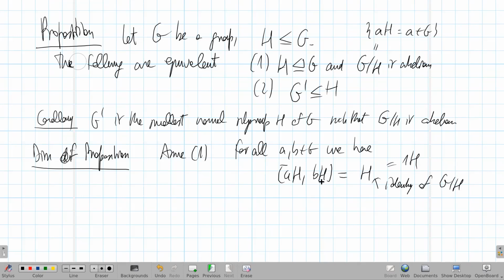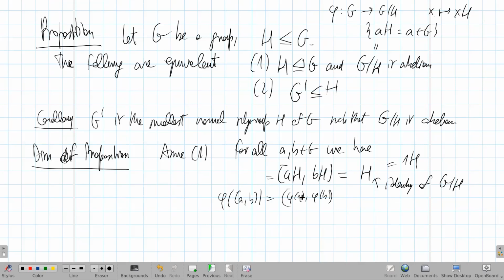But this commutator, well, if you want, is a particular case of the lemma we had, because we are considering the morphism. This is a particular case of something we were seeing earlier, because if you consider the standard morphism phi from G to G over H, where we send x to its coset, this is nothing else but the commutator of phi(a), phi(b), which equals phi of the commutator of a, b.